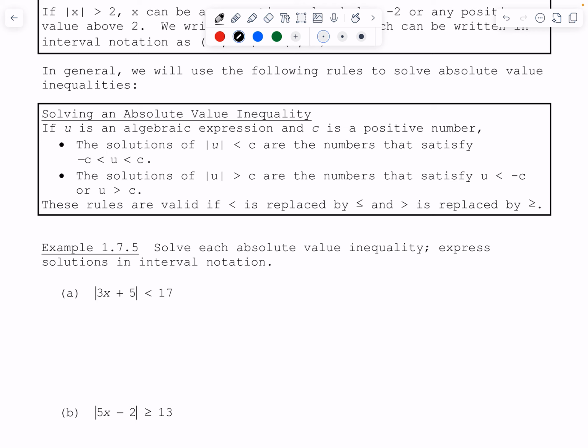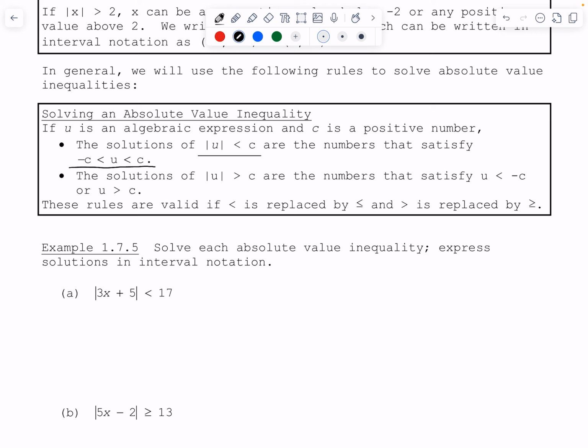So the solution of the absolute value of u less than c are the numbers that satisfy negative c is less than u, which is less than c. So when we have the absolute value is less than c, we write it up like this. The solution set of the absolute value of u greater than c are numbers that satisfy u being less than negative c or u being greater than c.